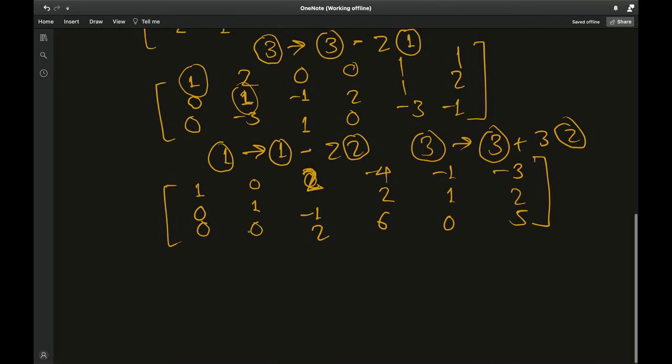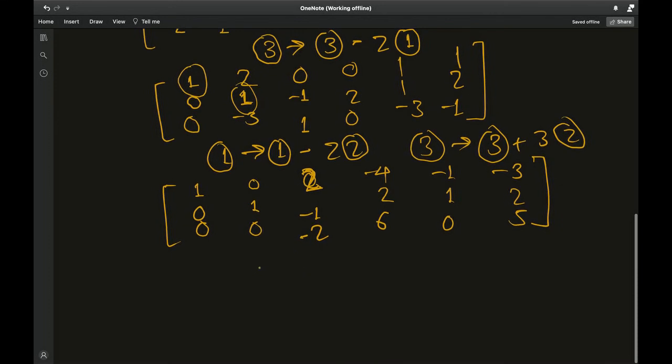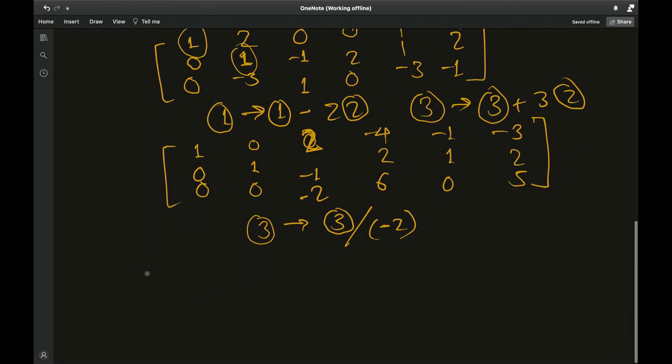Now moving on to the next column, notice we have a 2 here, actually a negative 2. So what I'm going to do is divide this entire row 3 by negative 2 so that I get a 1 there. 1 0 0 0 1 0.